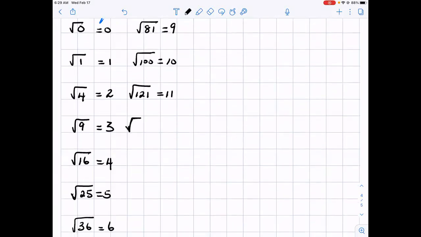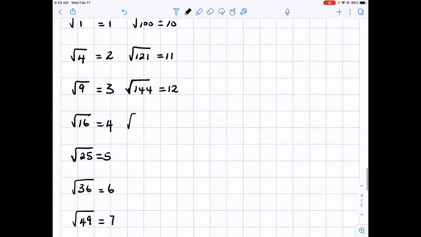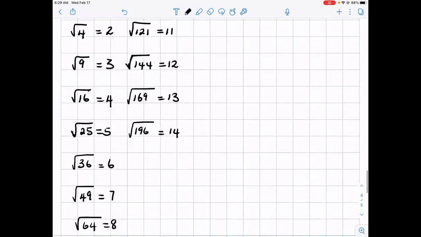The square root of 144 is equal to 12. The square root of 169 is equal to 13. The square root of 196 is equal to 14.